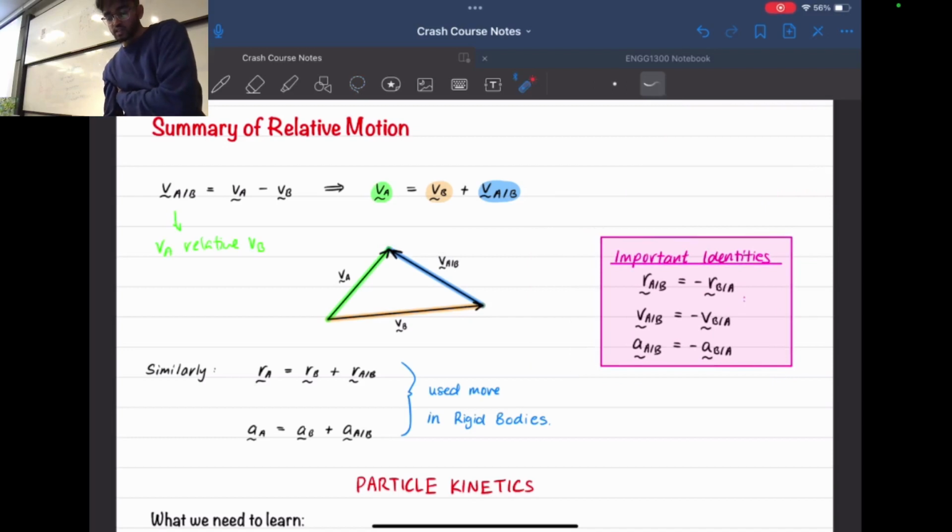So the relative velocity of A to B is pretty much just the negative relative velocity of B to A.